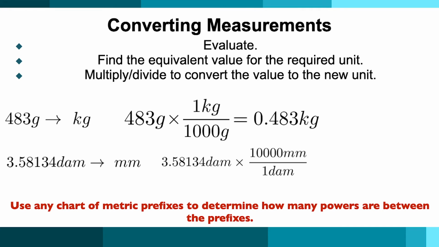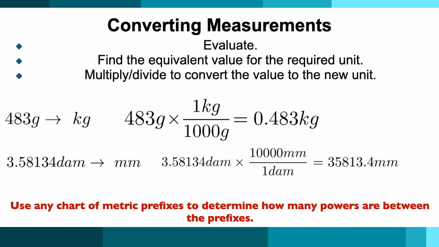So setting up this fractional equivalency and multiplication next to the original decameter amount, now I have a multiplication problem that's going to convert it and give me my ultimate value, which is how many millimeters I'm looking at. So that converts into 35,813 and 4/10 millimeters.